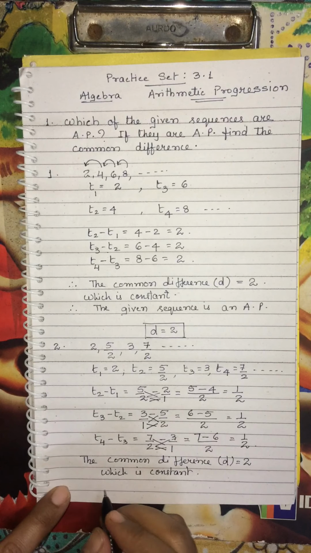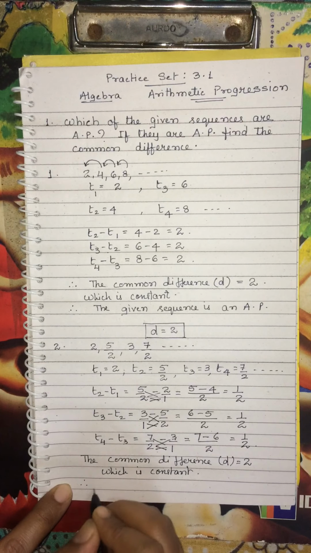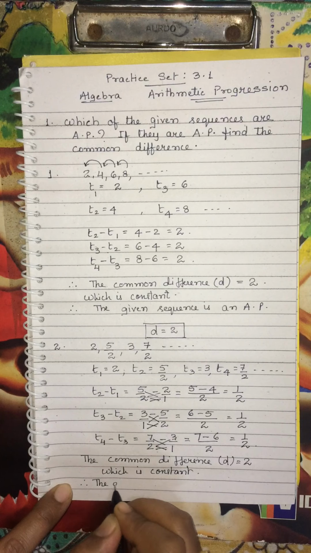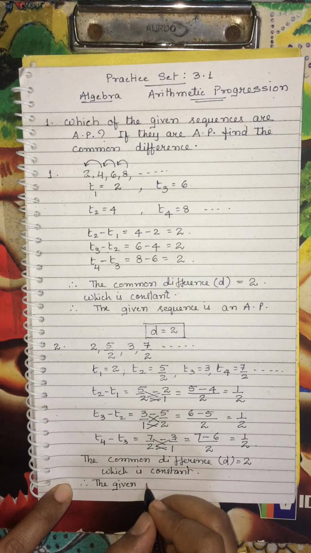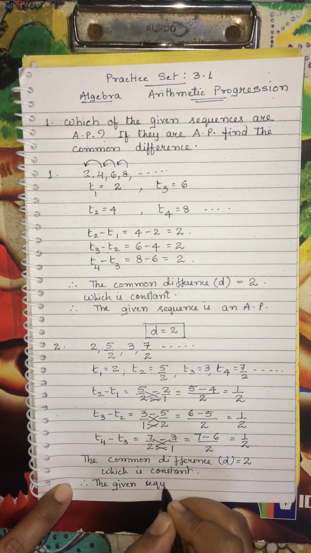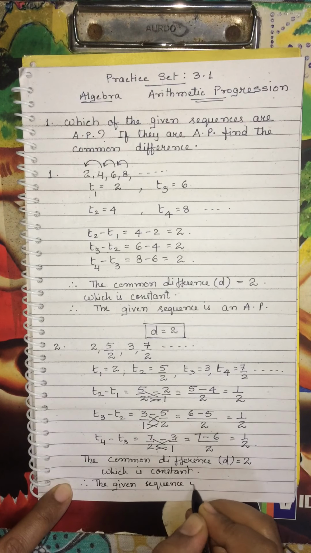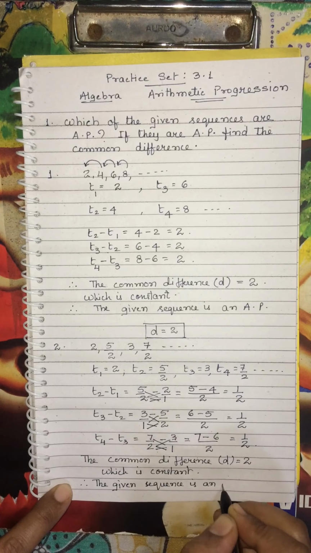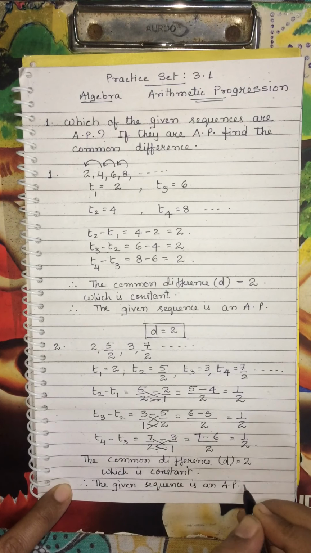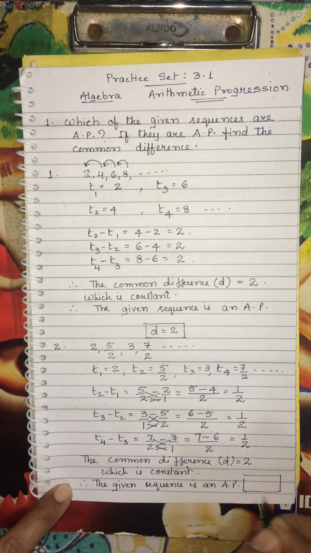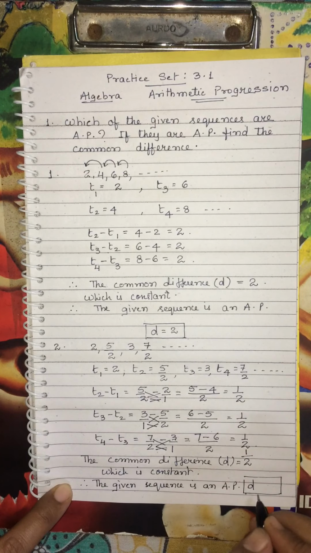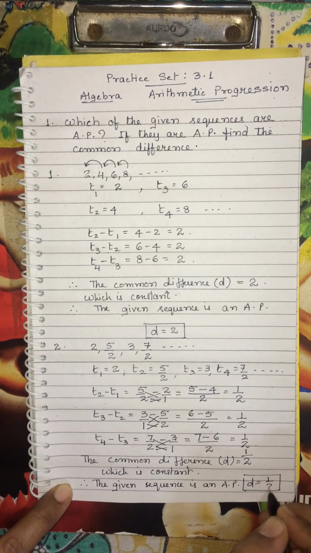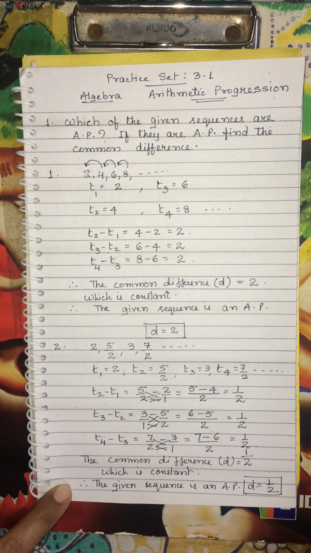They have asked to write the difference also, so at the end you can show the given sequence is an AP where d, the common difference, is 1 upon 2 children. d is equal to 1 upon 2.